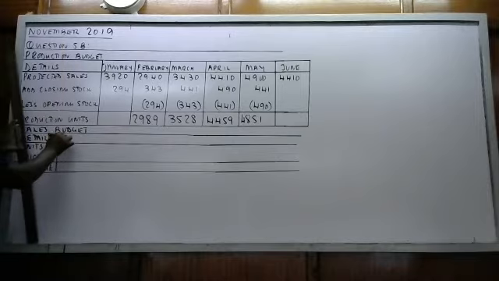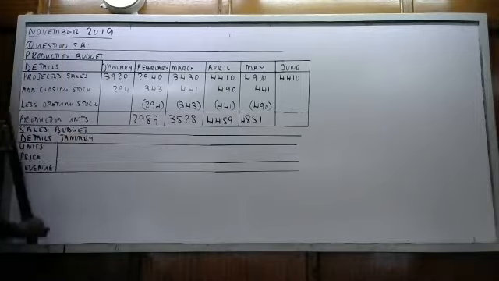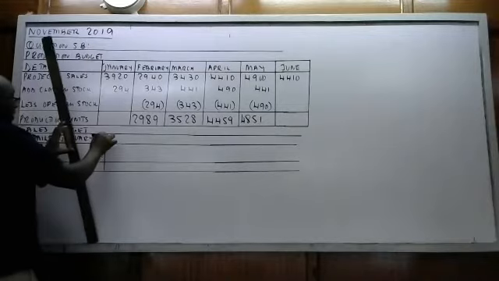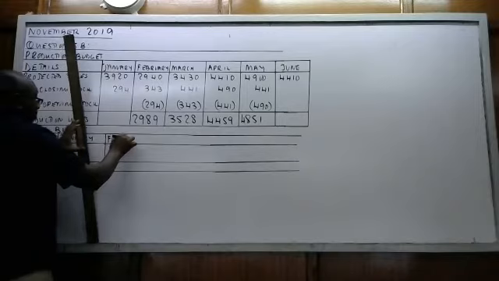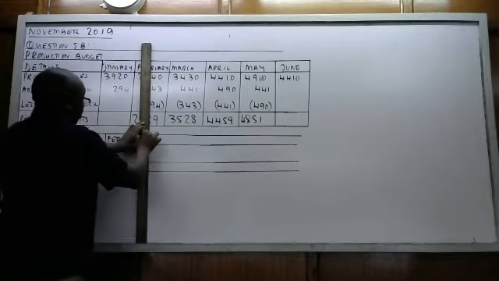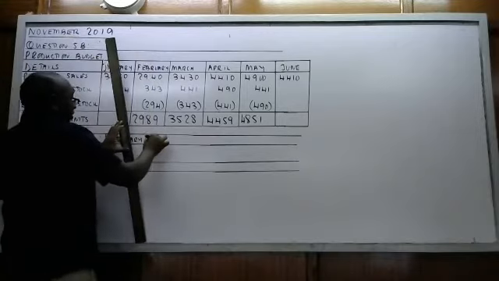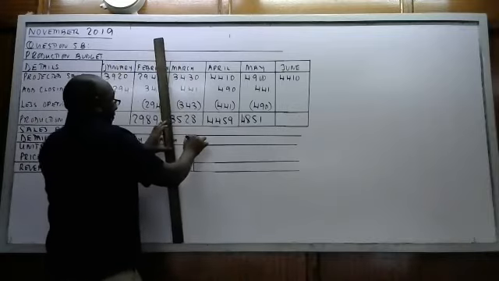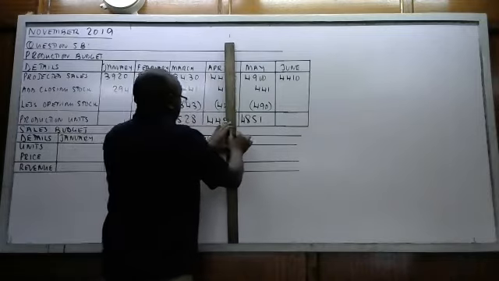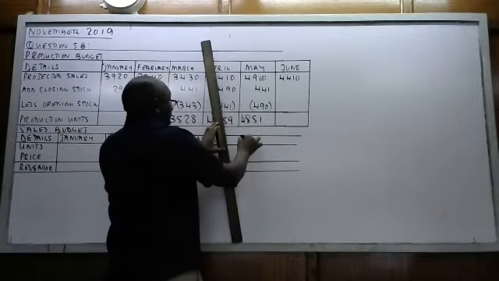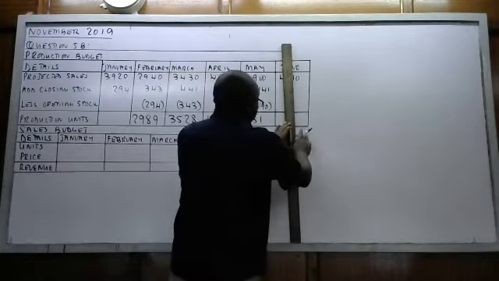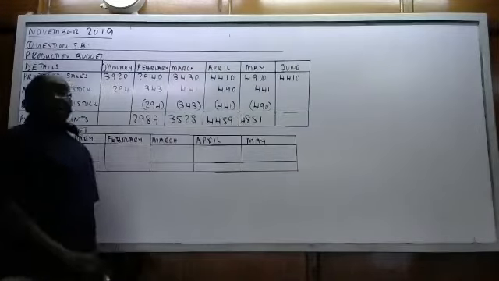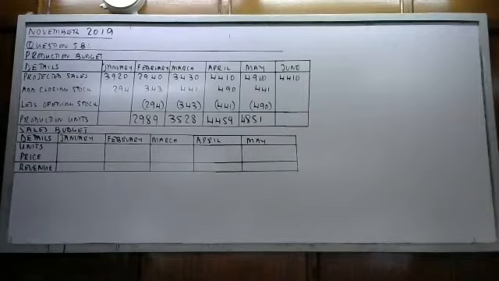So we have January, February, March, April, and May. That is the design of a sales budget. We are trying to do a sales budget.